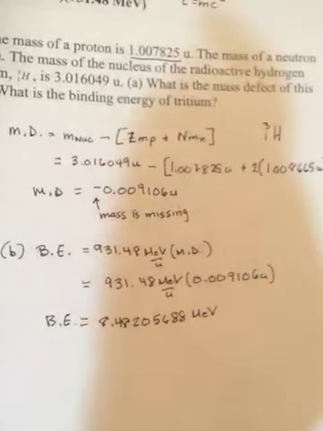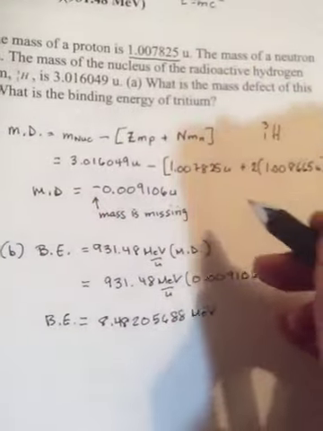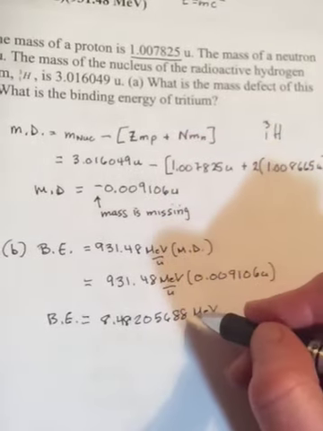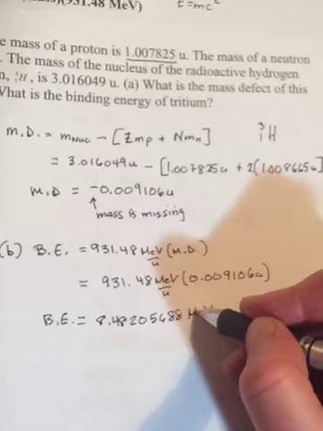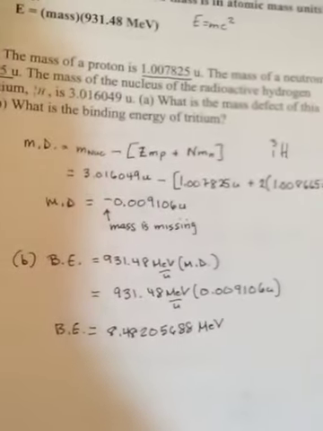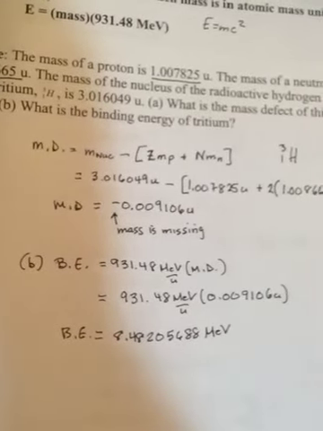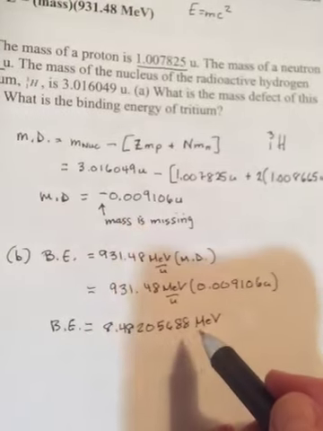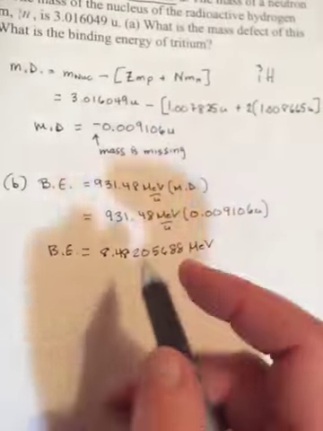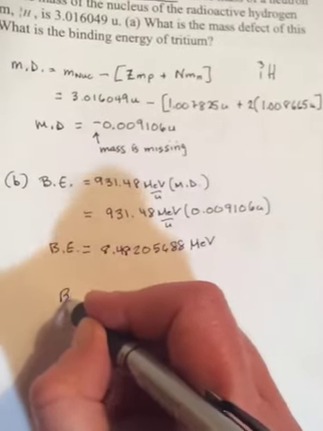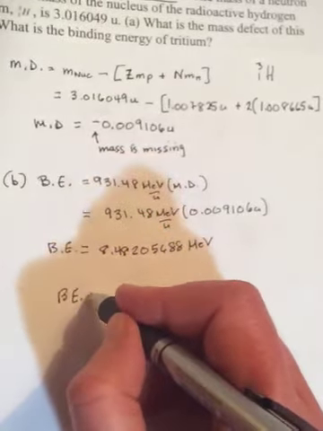Now, what if I had asked for what's the mass defect in kilograms and what's the binding energy in joules? So you could get it in kilograms if you had memorized that big number, that 1.66 whatever, and multiplied it by the U. But the easier way is you already know how to switch from mega electron volts to joules, with your 1.602.